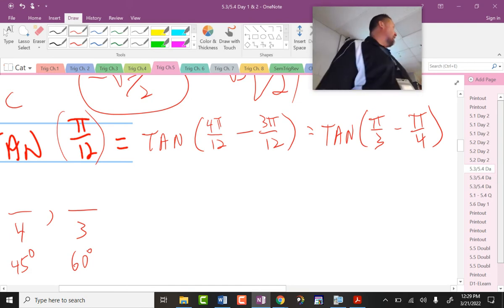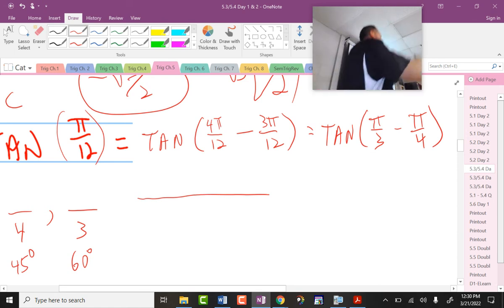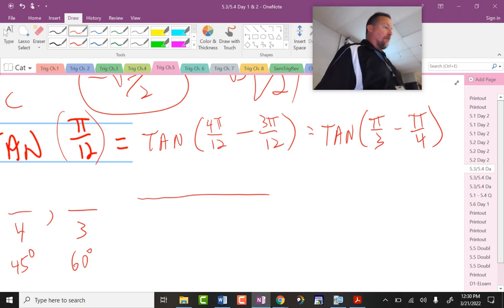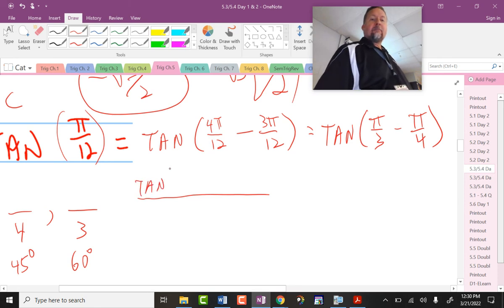What's the formula say? What happens next for tan of a difference? Now you get the same question. Look at your sheet. What should I write next? So the numerator. Got it? You're right. And then what do I write next? Over.